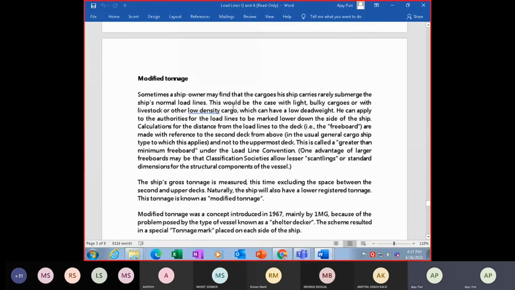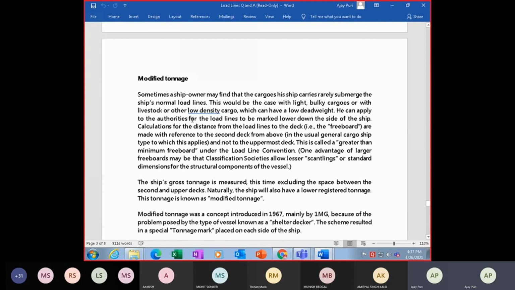So sometimes the ship owner may find that the cargoes rarely submerge your normal load line. So this would be the case in a light bulky cargo or with livestock or low density cargo, which can have a low dead weight.